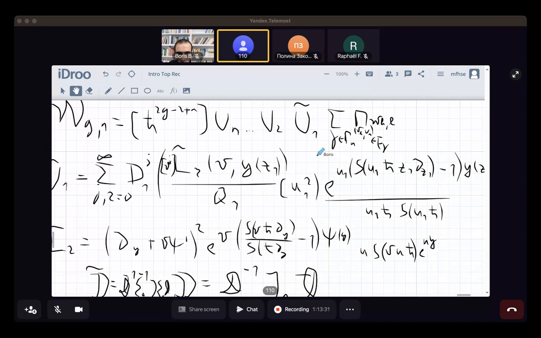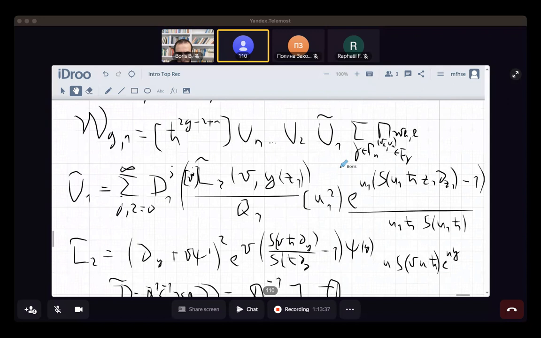Now let's see what happens with the QLE. We need to prove that WR belongs to the same space psi. But looking at this explicit formula again, where can poles arise from? The formula is basically the same.